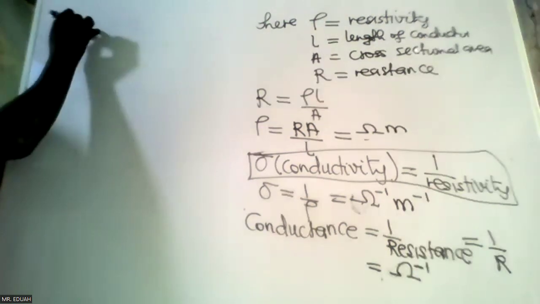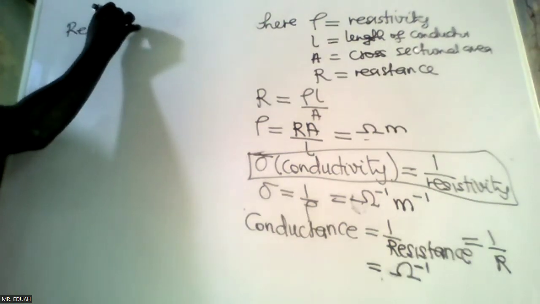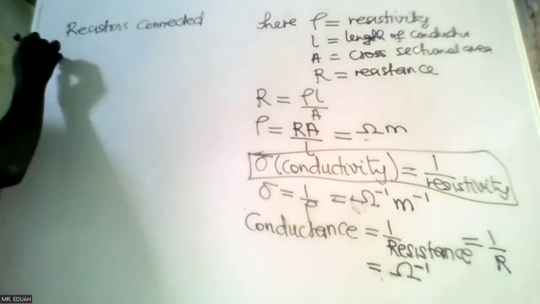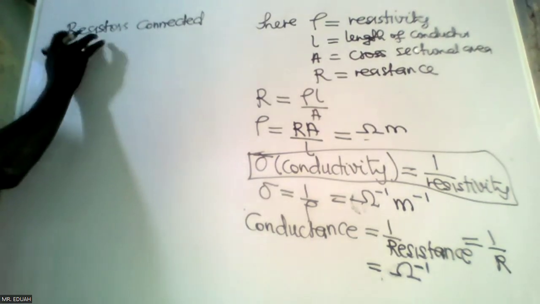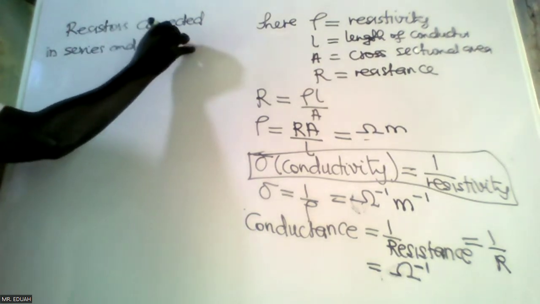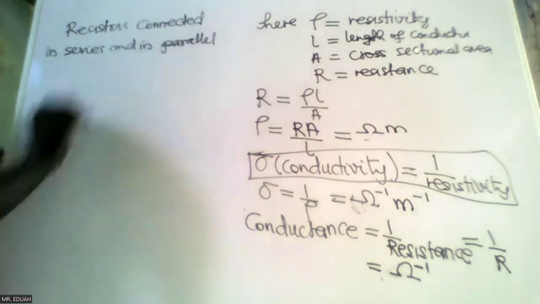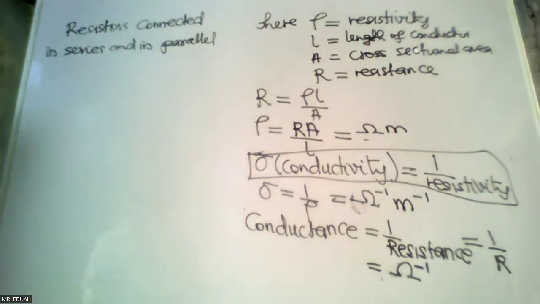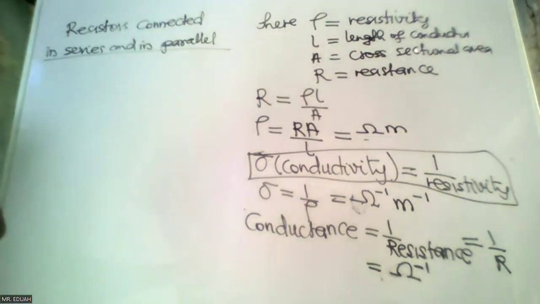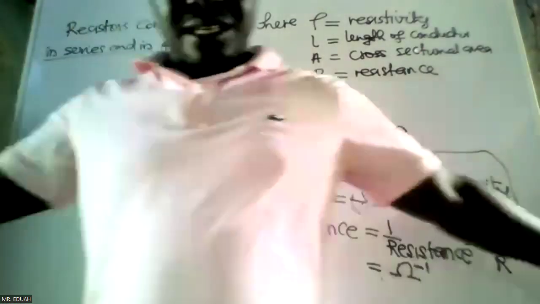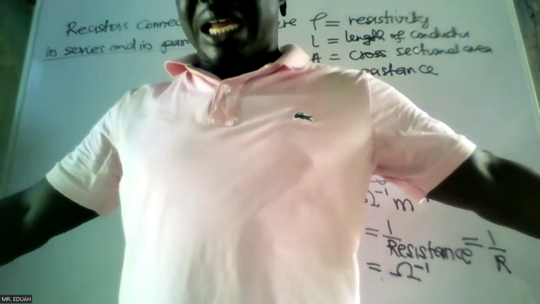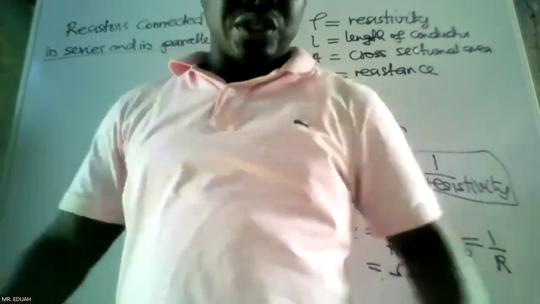Resistors connected in series and in parallel. After that, we'll also look at a combination of these two. So when two resistors are connected in series, it's similar to when a number of you are made to stand in a horizontal manner.